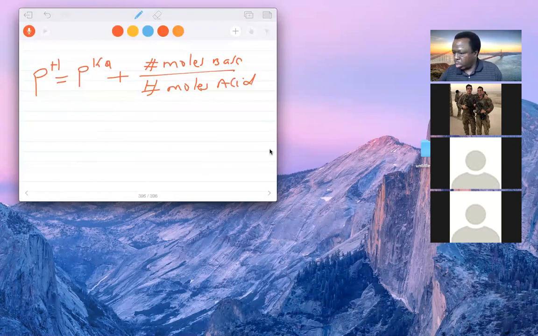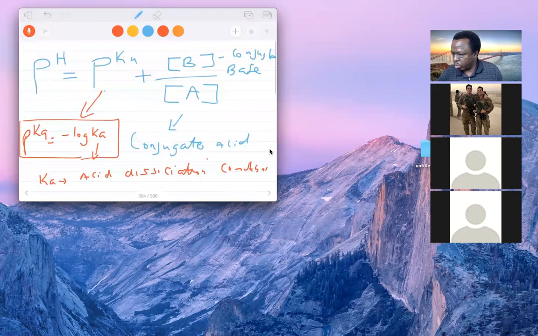Yes, you're right, it is the log. Log of concentration for the Henderson-Hasselbalch equation.